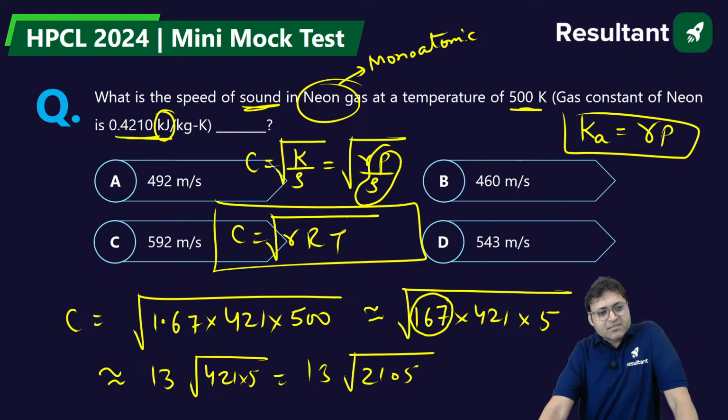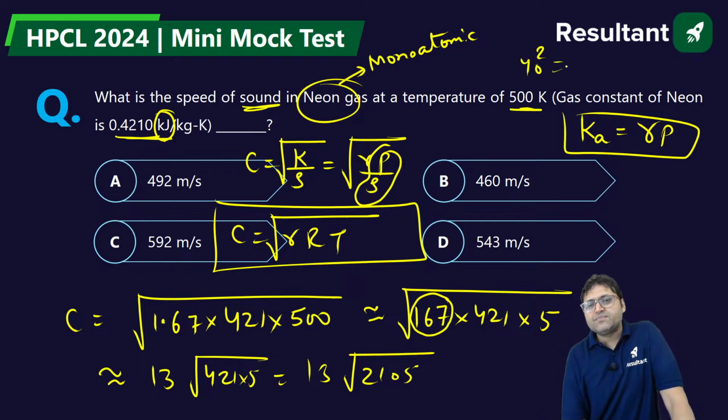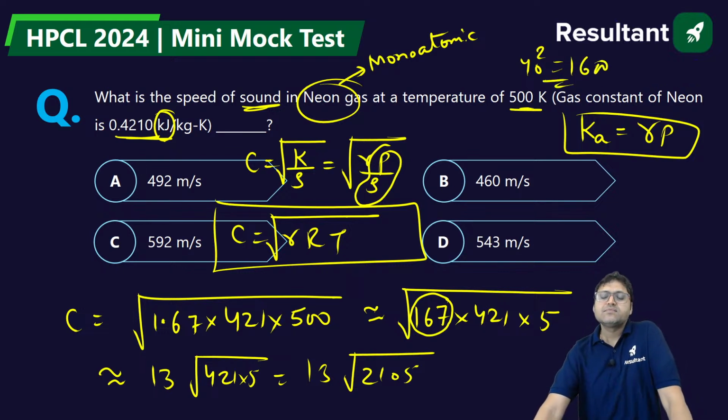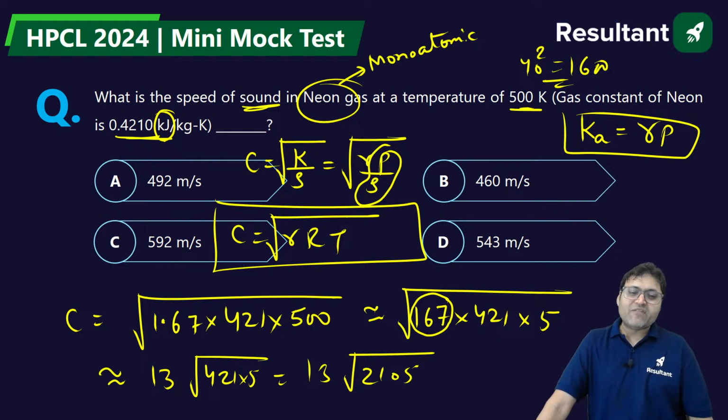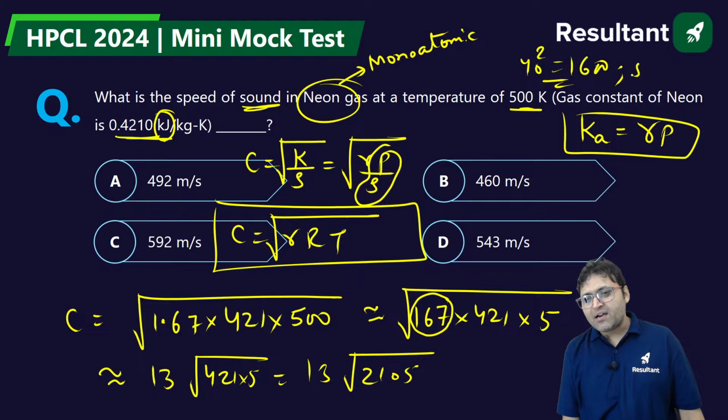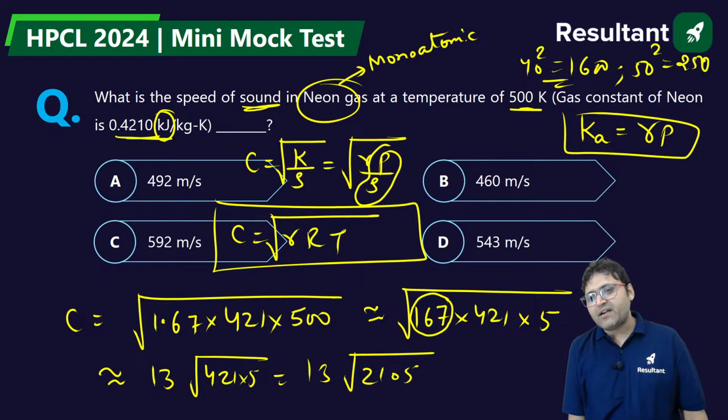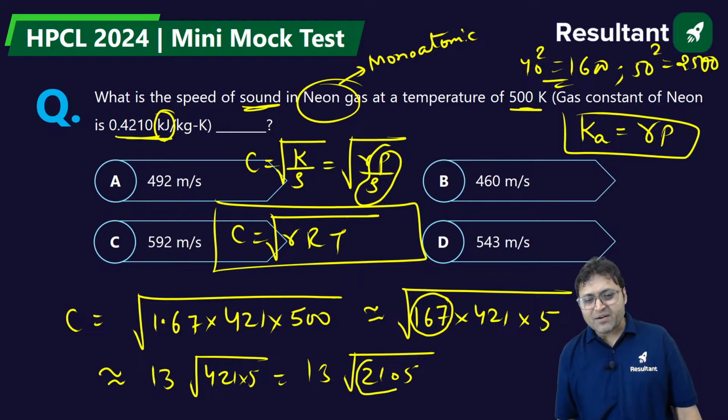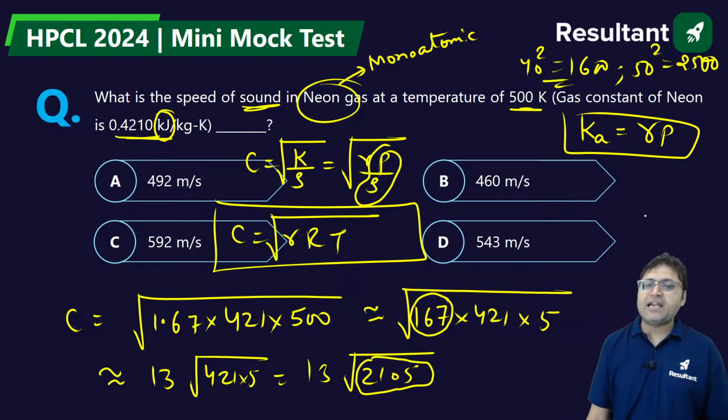So it is greater than 40 square. 40 square is 1600 and 50 square is 2500. So it is somewhere in between. So this value is somewhere between 40 and 50.